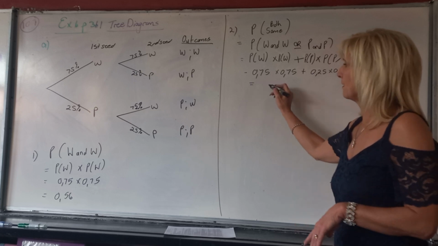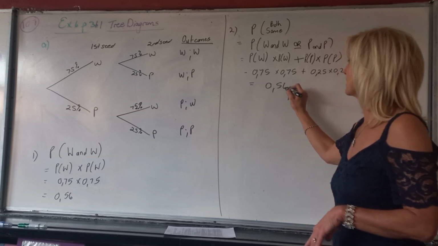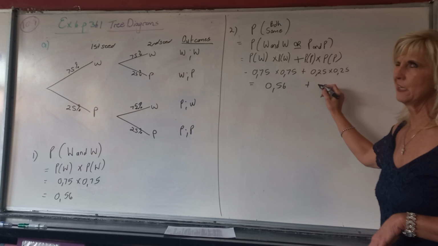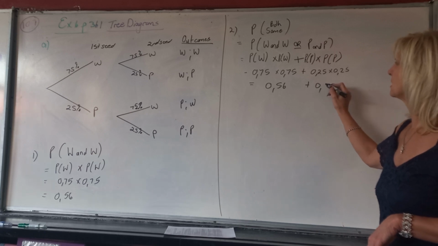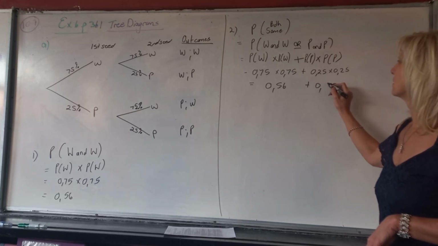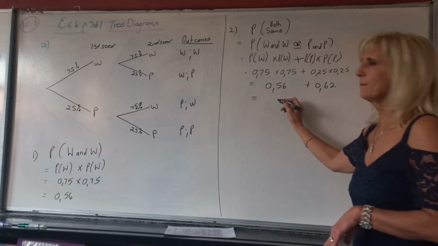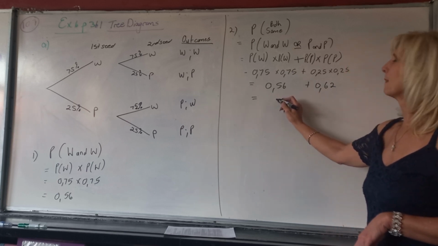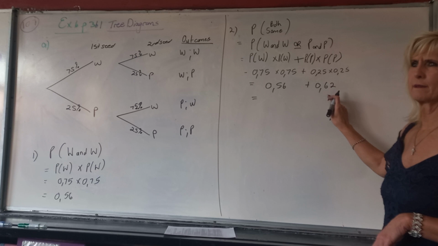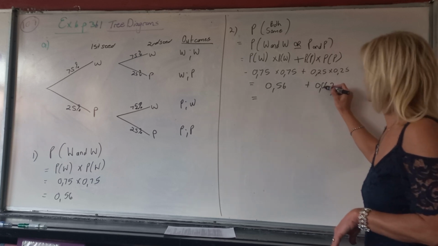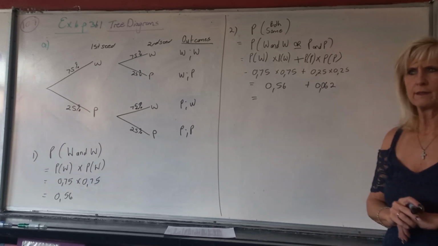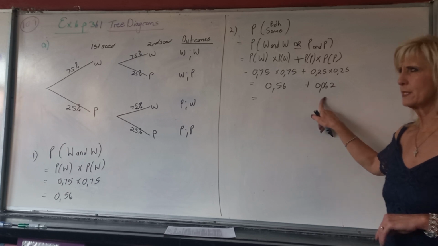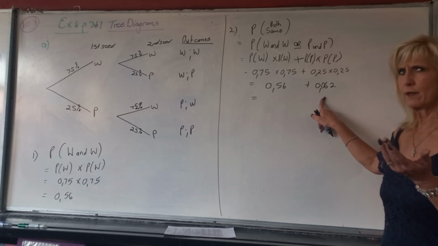So then, if you gave me the answer of 0.56 there, plus this answer, 0.06, which gives me 0.62. How did I know it can't be 0.6 and 0.5? Because if I add 0.5 and 0.6, it's over 1. Can't be.